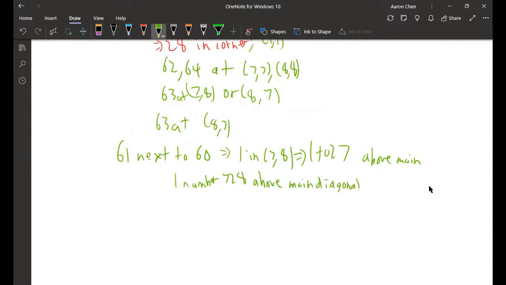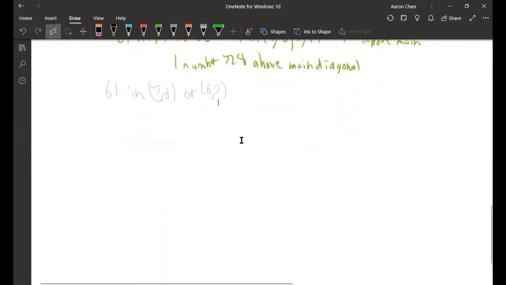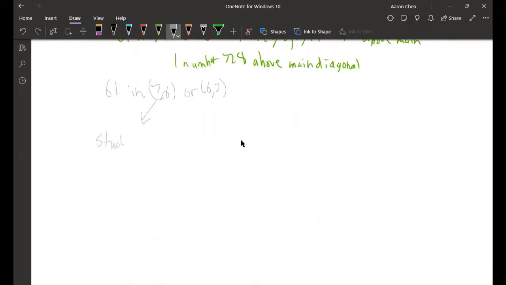And so now we can see that there's two cases for the location of 61. 61 is either in (7, 6) or (6, 7). And so if 61 is in (7, 6), then we can see that we will eventually get stuck at (8, 6).